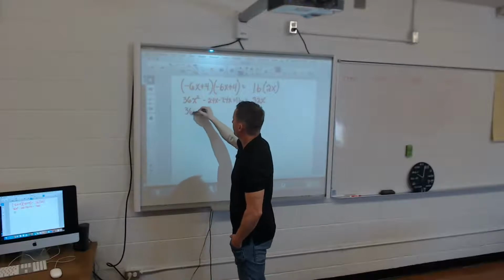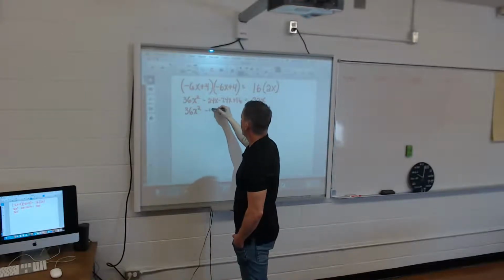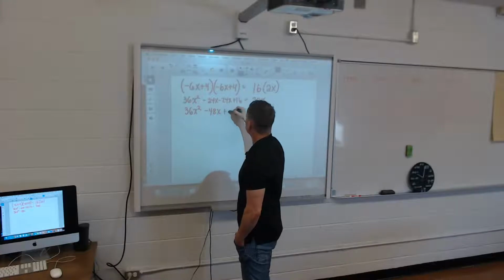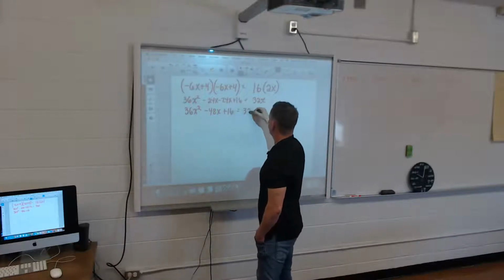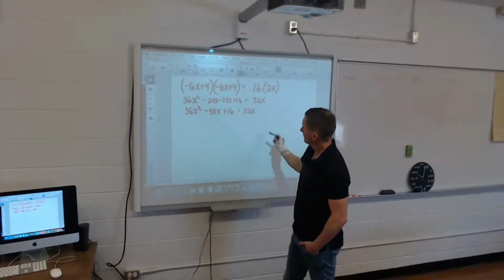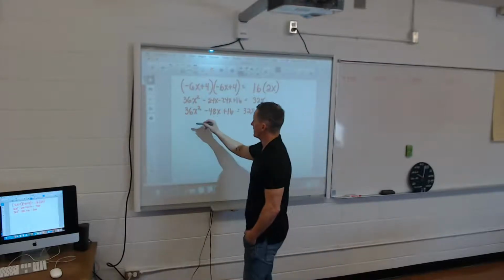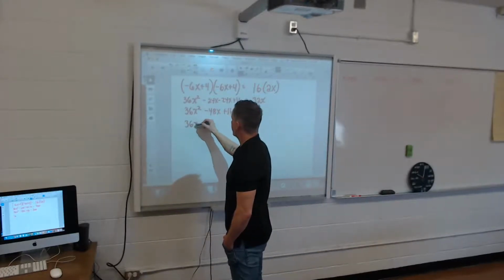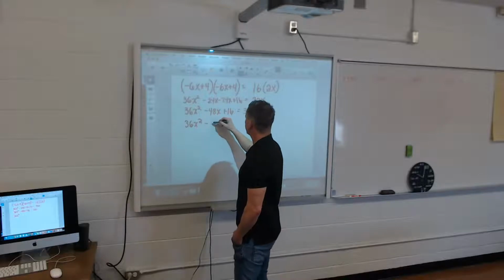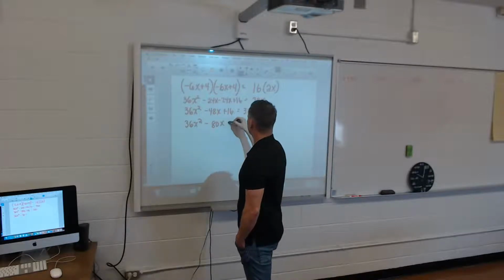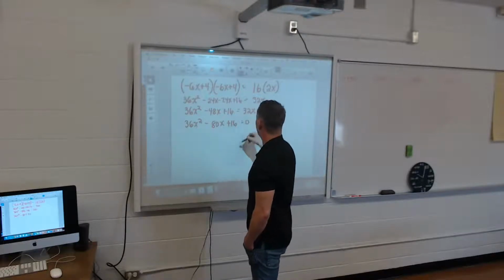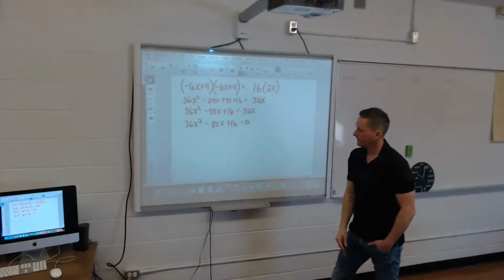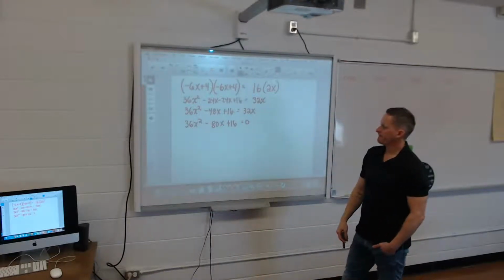Simplify. 36x squared minus 48x plus 16 equals 32x. Subtract 32x to that side. 36x squared minus 80x plus 16 equals 0. I think that's correct so far.